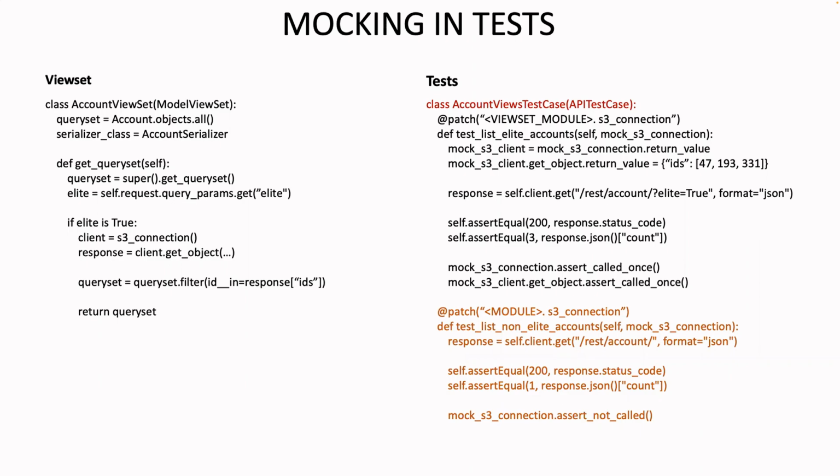You'd have to just use assert called, or, I didn't put this in here because I didn't want to go that far, but I'll just mention it now and can give some examples offline, there's what's called assert has calls, where you could check, if you know that the mock is going to be called multiple times and you know what kind of data is being passed in as part of that call.